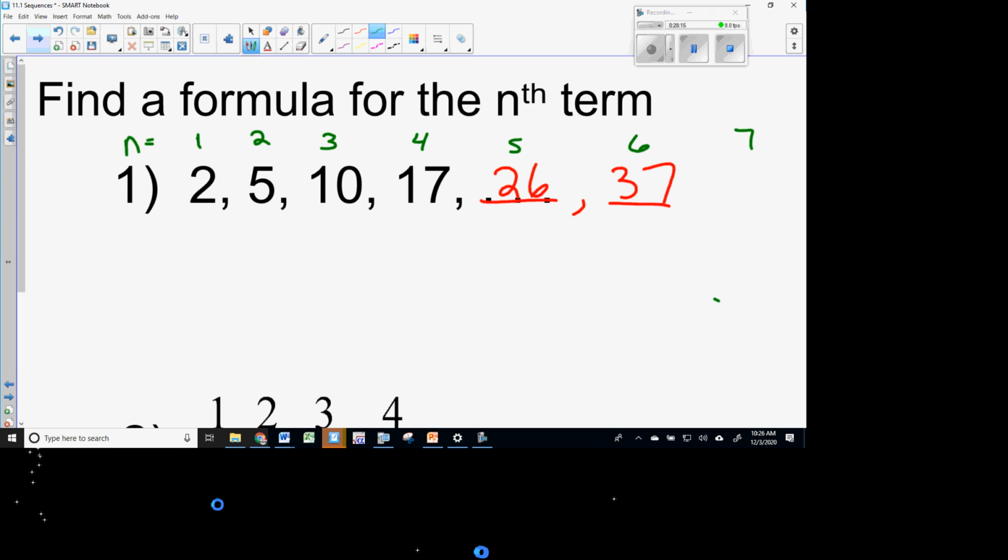Can I figure out how to find the next term based on 7? What is the next term? It's 50. So can we start to figure out what the pattern is? You go by odd numbers: the first one, you added 3, the second one, 5.